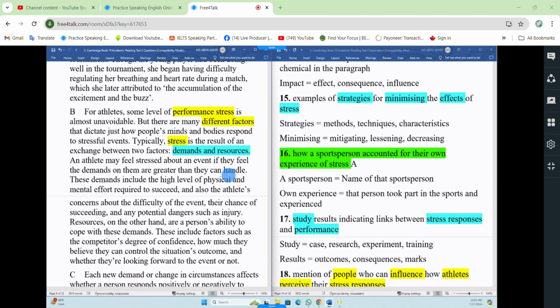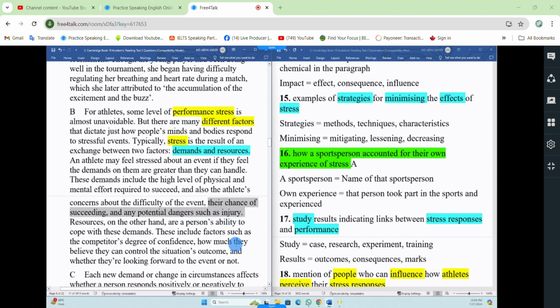That is, demand is high but your resource is low, so at that time you feel stress. These demands include the high level of physical and mental effort required to succeed, and also the athlete's concern about the difficulty of the event, their chance of succeeding and any potential danger such as injury.